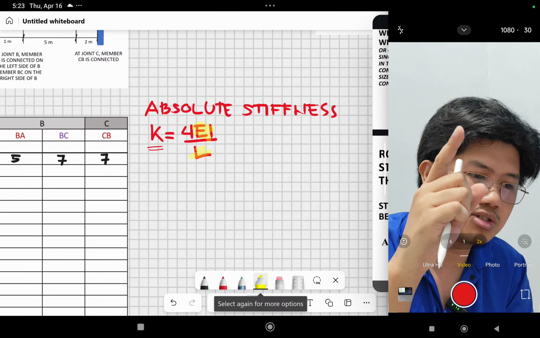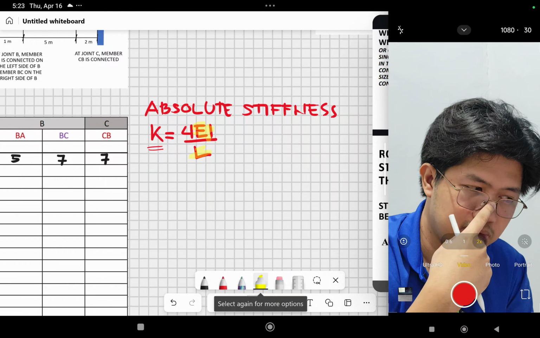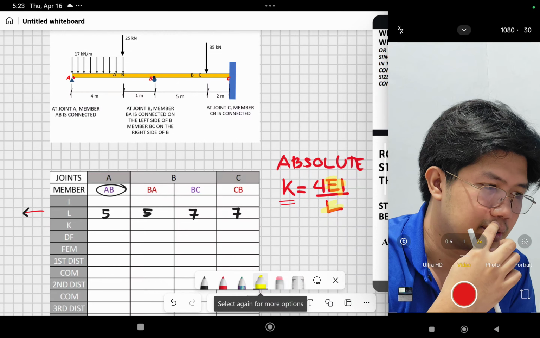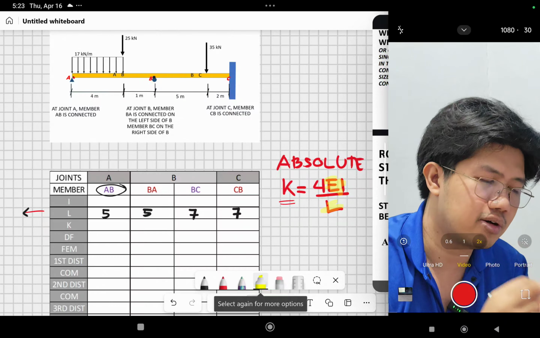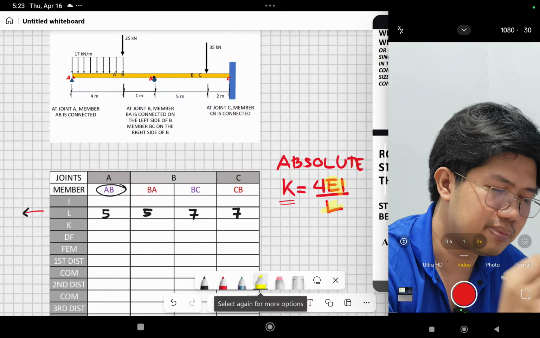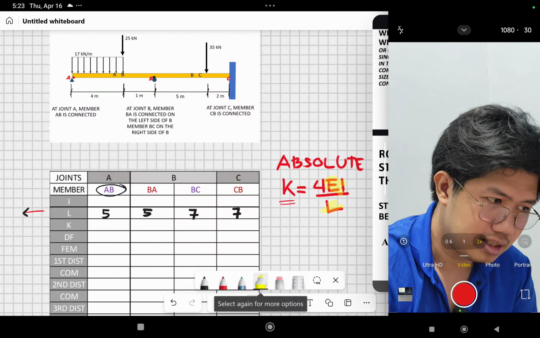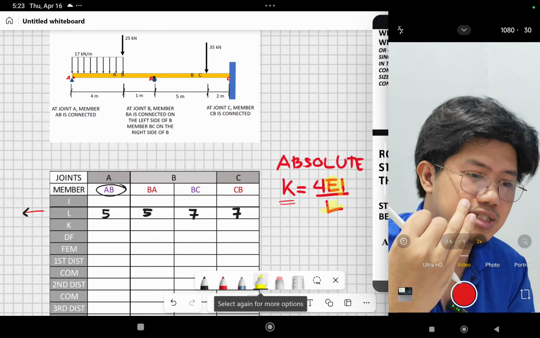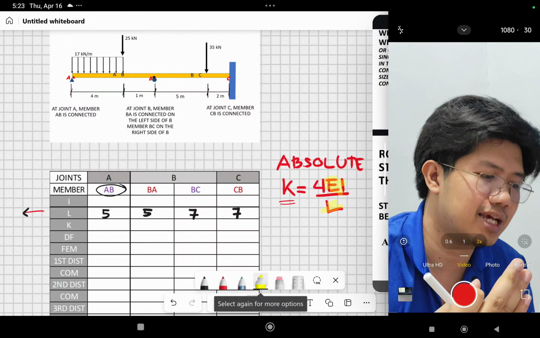So while L increases, the stiffness decreases. We can just look at our example here. If E and I are constant, meaning E and I are the same in our example, it is the same material and the same section, the only difference is L.